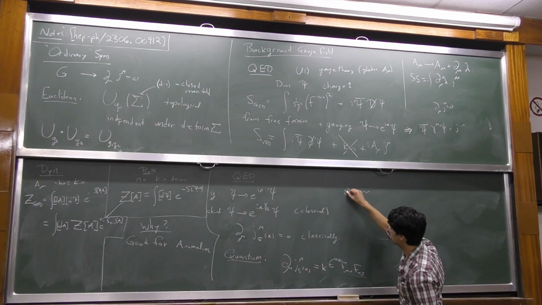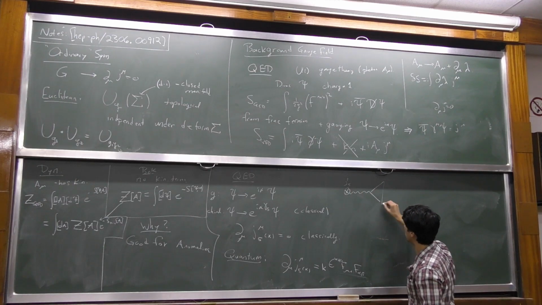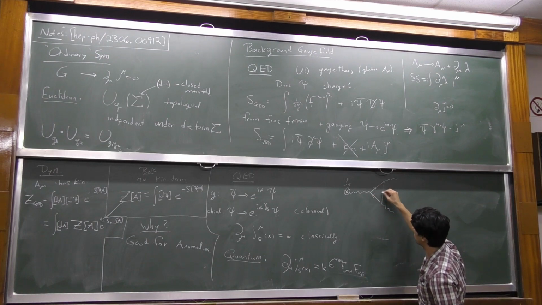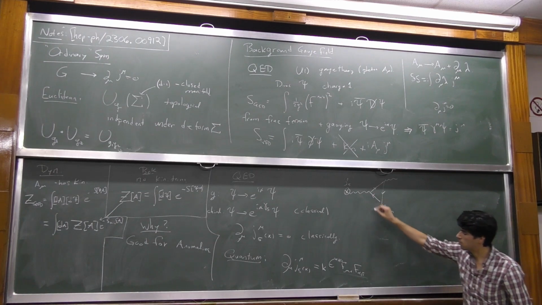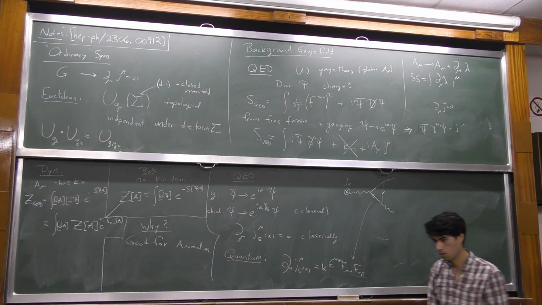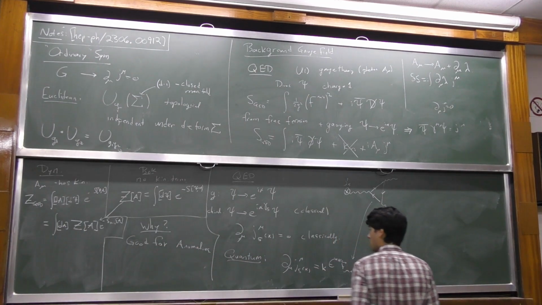And this comes from the triangle diagram. So this is like your current J, and this is what gives the correction to this conservation equation. And so what does that mean?